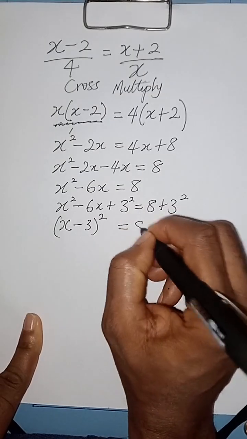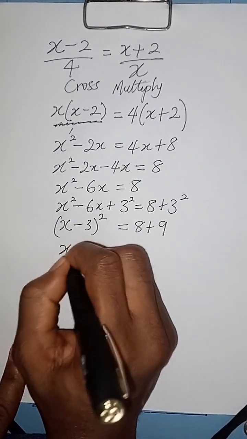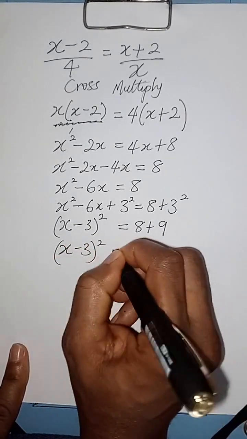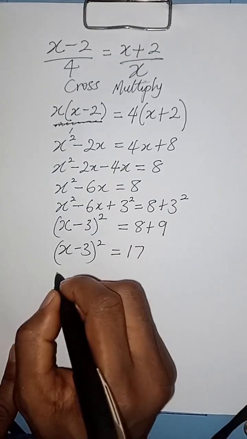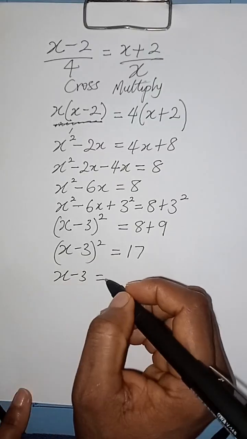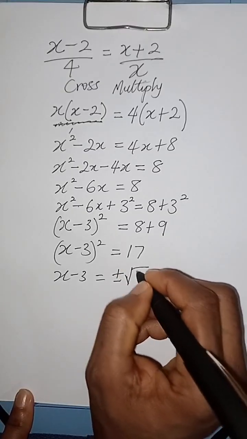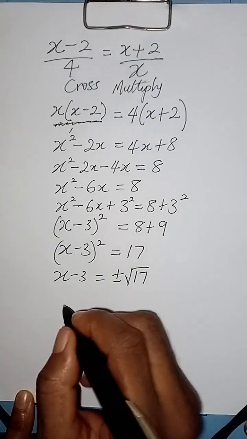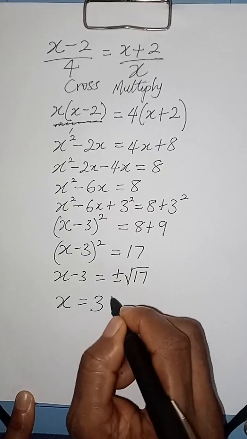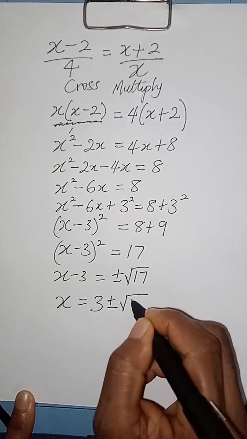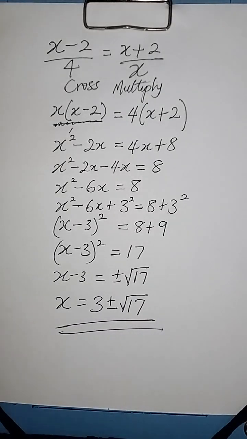And this is equal to 8 plus 3 squared, which is 9. So this is x minus 3 all squared equal to 8 plus 9, and that gives you 17. To take away the square from here, you introduce your plus or minus square root symbol, 17. And finally, when minus 3 crosses the equal to sign, you have 3 plus or minus root 17. And that is the answer to the question.